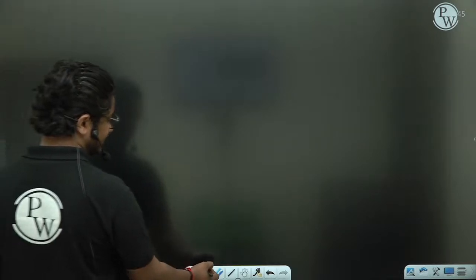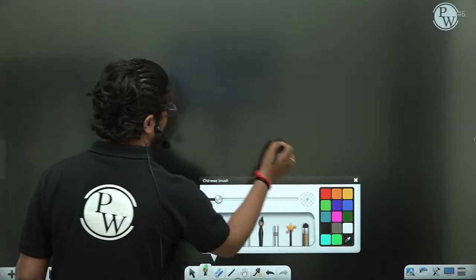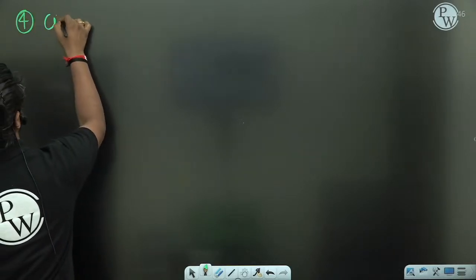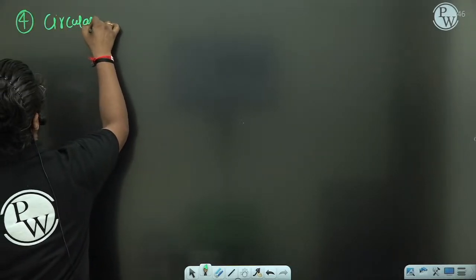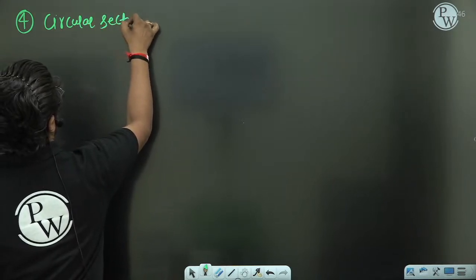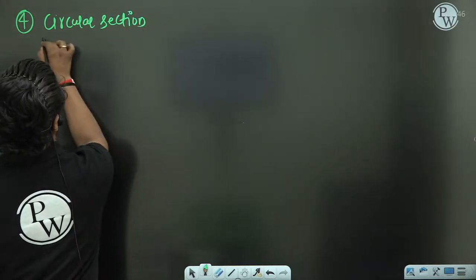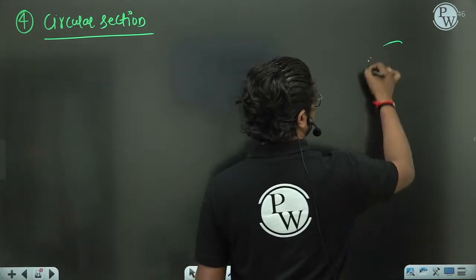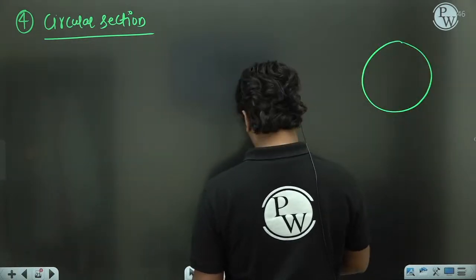Now the fourth one is the circular section. It will be like this.